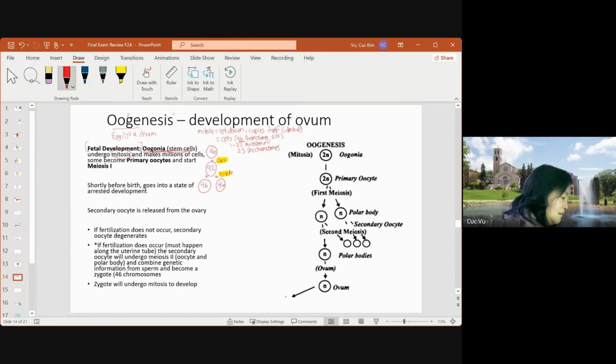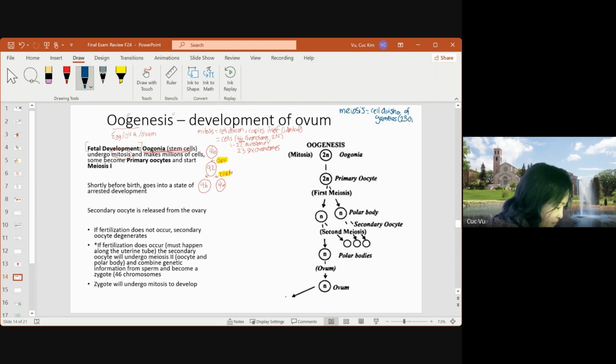Compare that to meiosis. In meiosis, this one right here is a cell division of only gametes. And gametes are called gametes because they have how many chromosomes total? 23.